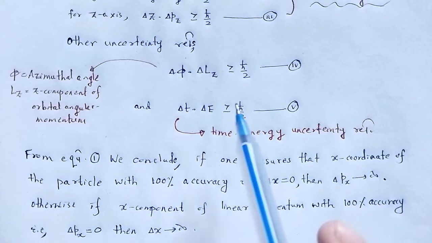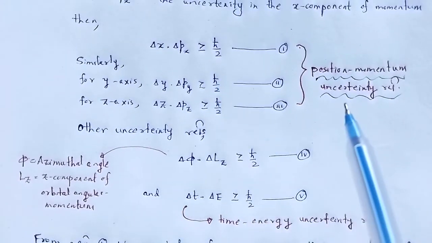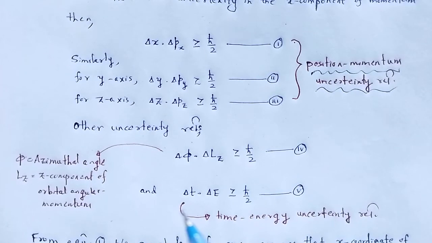This is the physical meaning of this type of uncertainty relation.